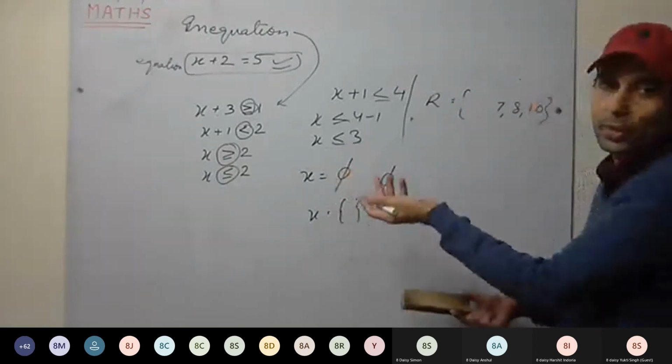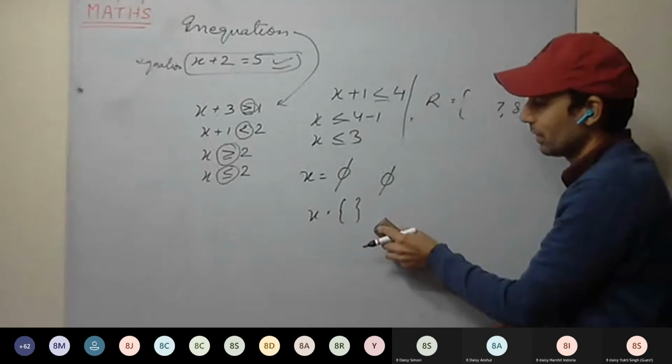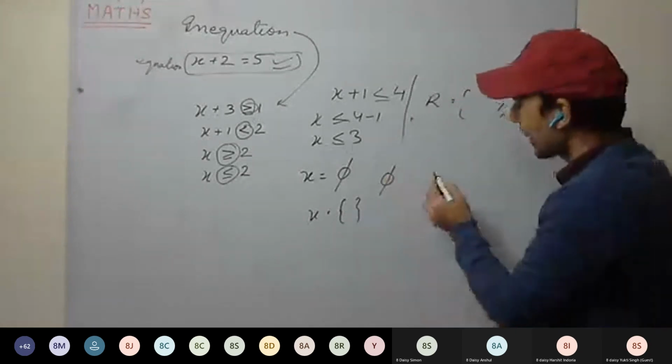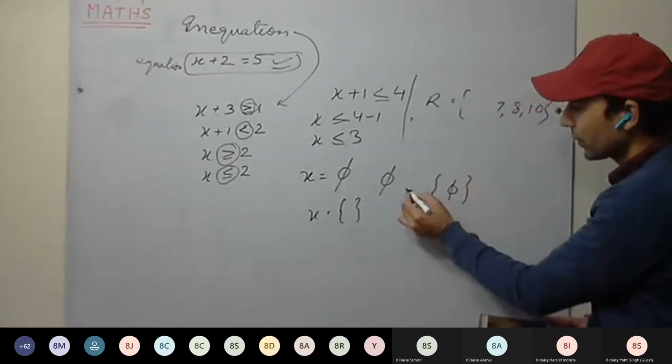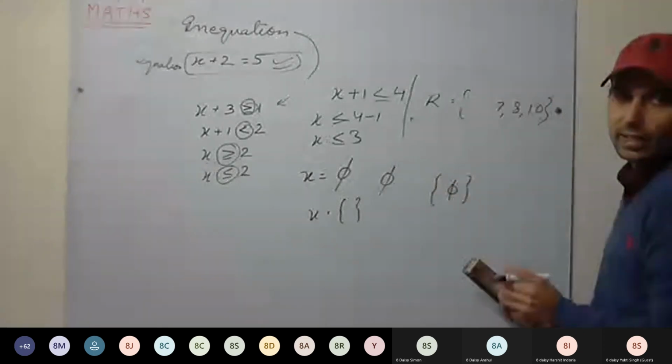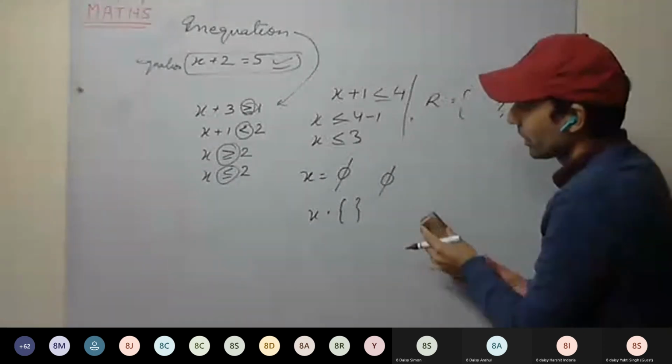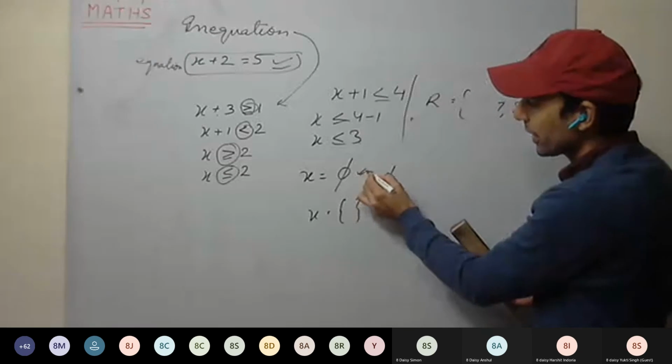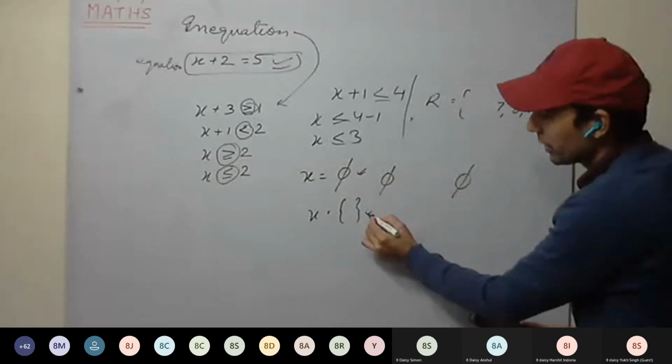That is no answer, no number. But never put it like this, because it means a set containing one element. So either you put this sign or this sign.